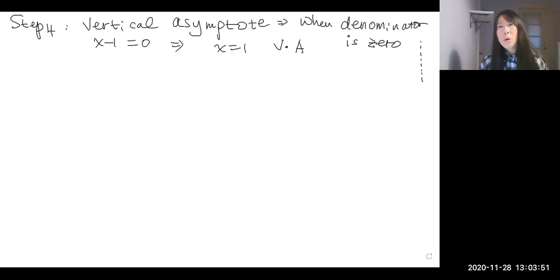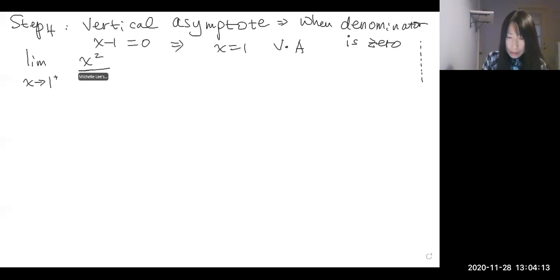Now, we want to know about the behavior of the graph nearby the asymptote. So they indicate it as: take the limit as x approaches 1 from the right of x squared over x - 1, okay?